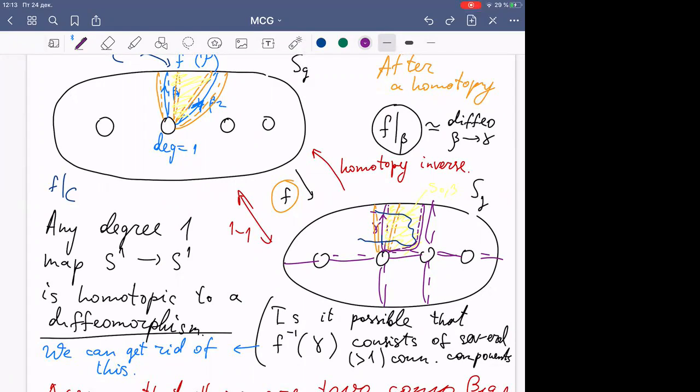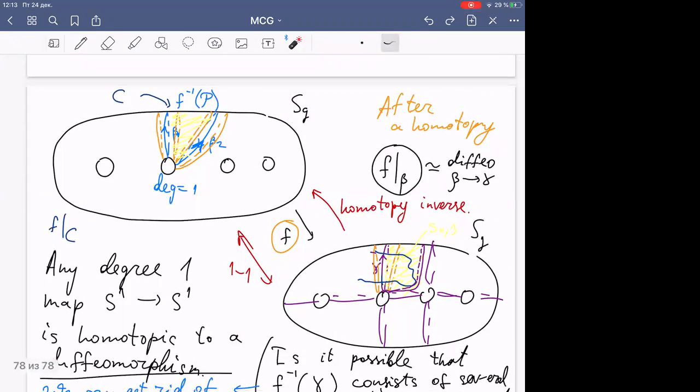Yes, since if there are any other components of this set inside this cylinder, then they again are homotopic both to beta 1 and to beta 2, and then indeed instead of beta 1 and beta 2 we should take two consecutive components and get rid of them.